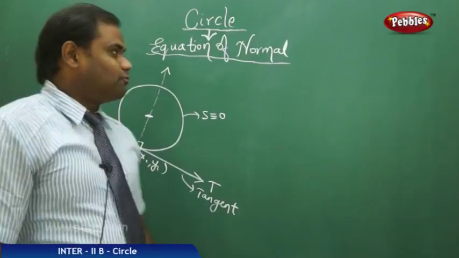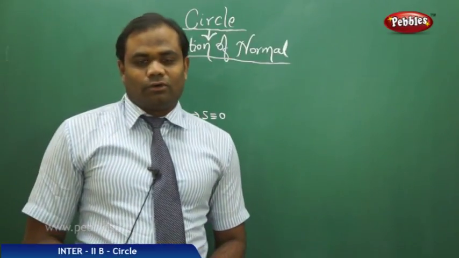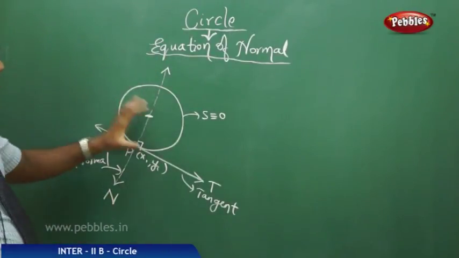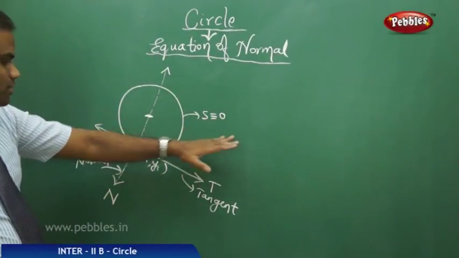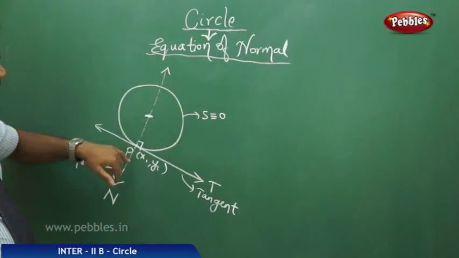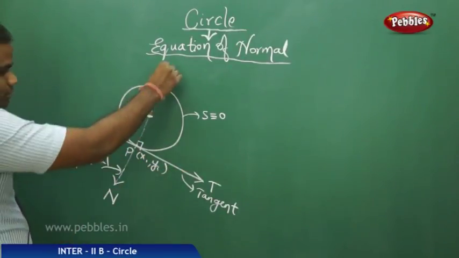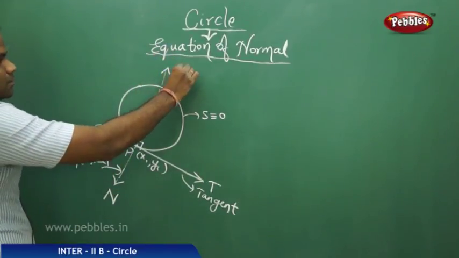Now let's derive the equation of the normal of the circle S equals 0. For the general circle S equals 0, the normal passes through the point of contact and is perpendicular to the tangent. I have to find the equation of this line, which is the normal.